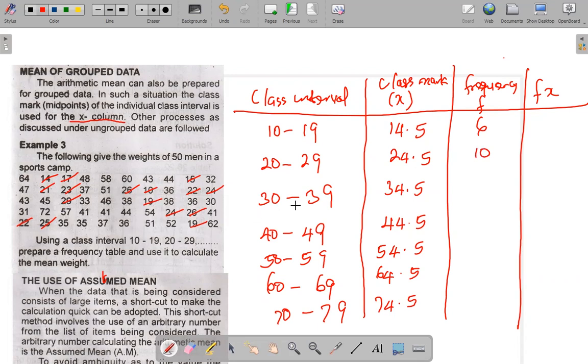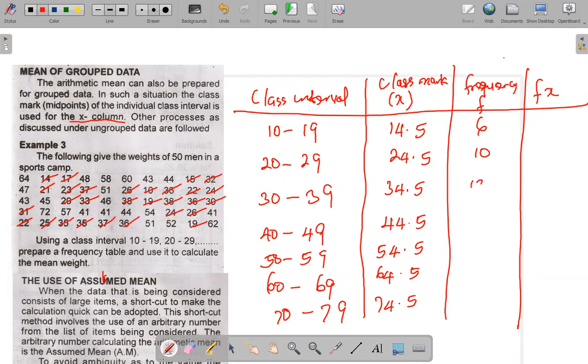Then 30 to 39, how many items fall in there? 1, 2, 3, 4, 5, 6, 7, 8, 9, 10, 11, 12, 13.